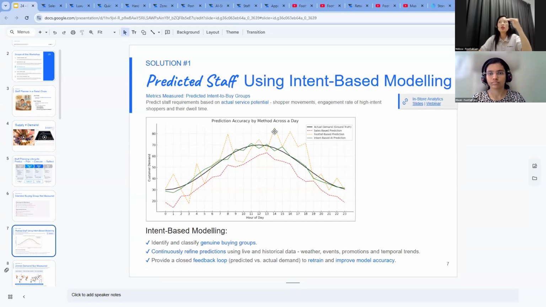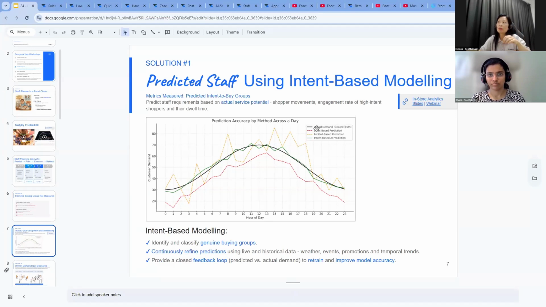And it's usually higher than what it really is. And if you're basing it on your sales, which is the sales that you have already made, then it's usually lower than the actual demand. So what you really want is to measure the actual demand, which is the ground truth.